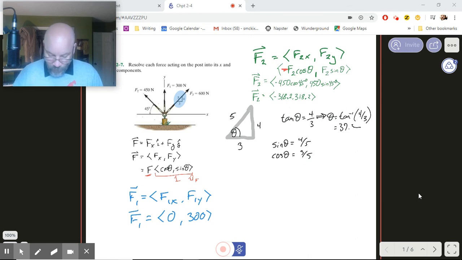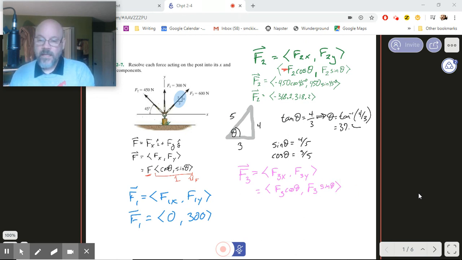So let's do this. If I want to get a good expression for F3, what I have to have is F3x, comma, F3y. My F3x is going to be F3 cosine theta, and my F3y is going to be F3 sine theta.